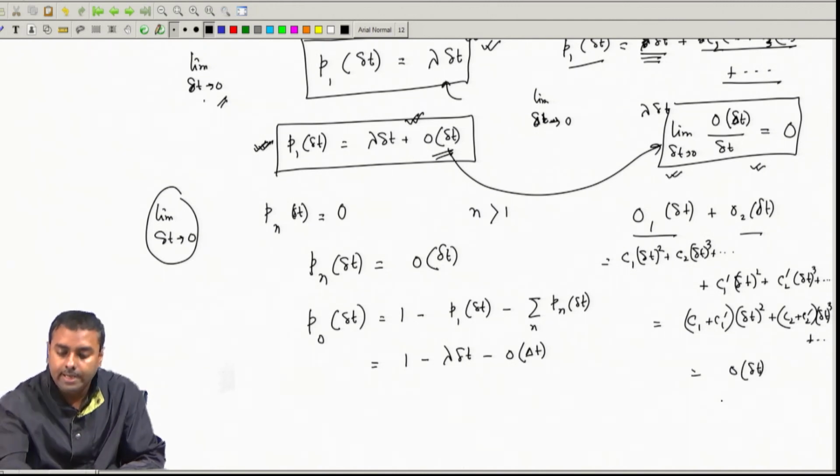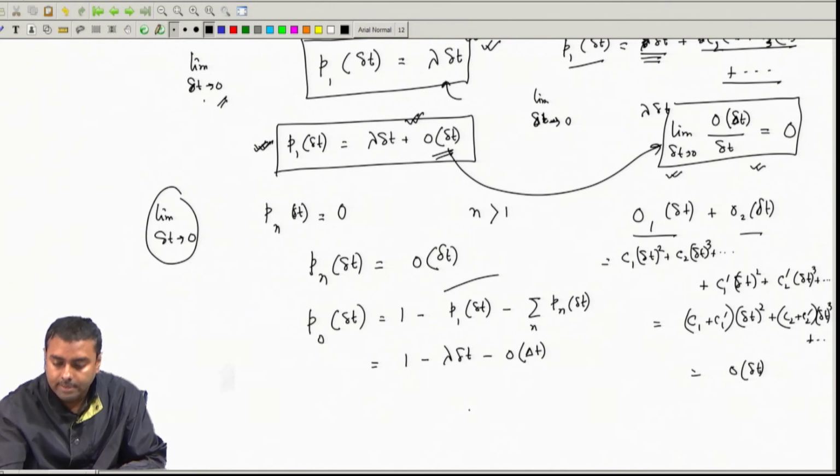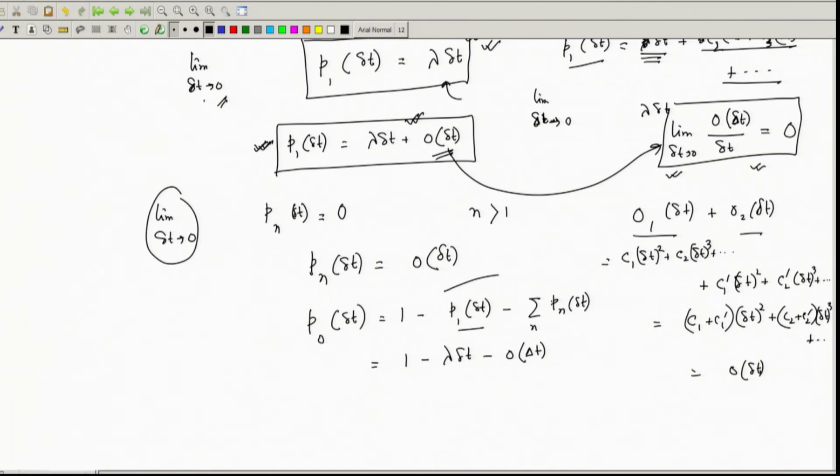So, I can write this whole thing, the one delta t coming from here and all these delta t's, as just another O delta t. Okay. So, that happens to be my definition of P0 delta t.